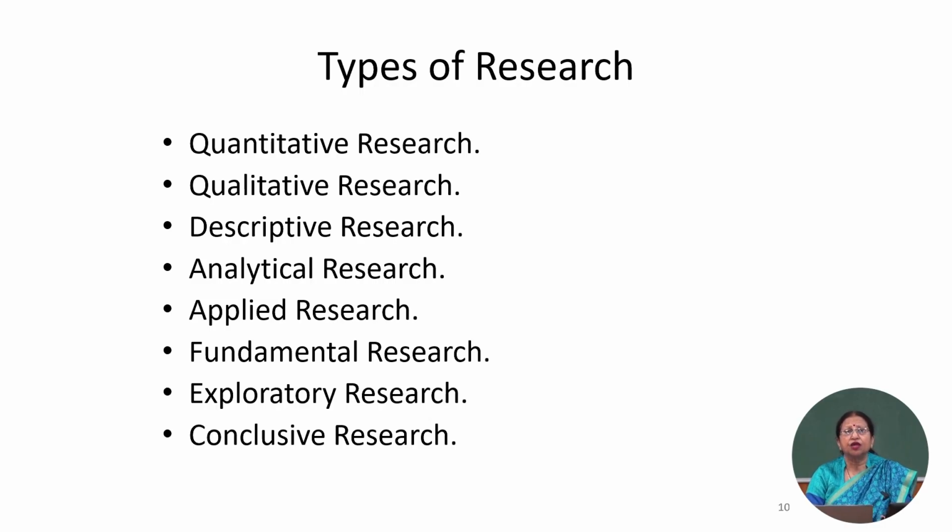Descriptive research is when you have a description, which means that you go from 1 to 2, then from 2 to 3, and then 3 to 4, and then finally the 5th is your final step.